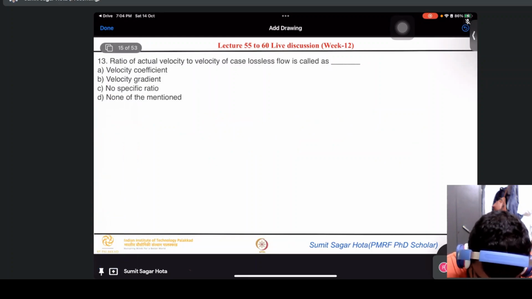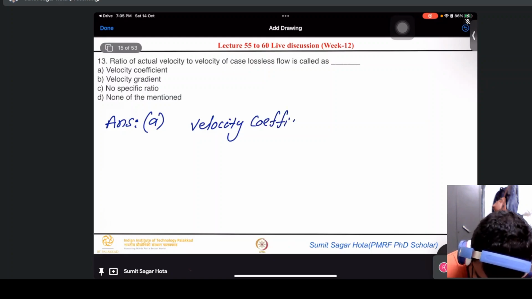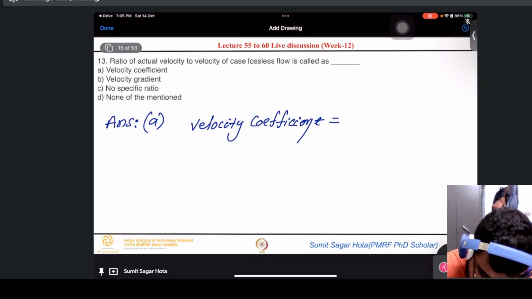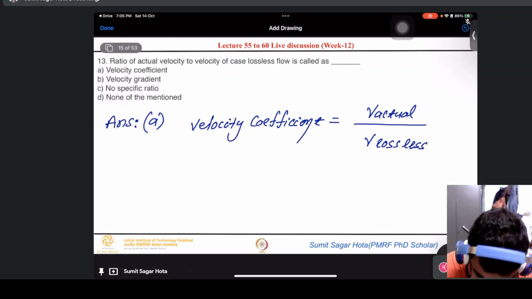The ratio of actual velocity to the velocity in the case of lossless flow is called what? This is the definition of velocity coefficient, actual velocity divided by lossless velocity.